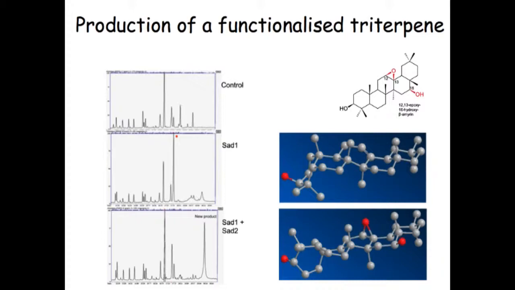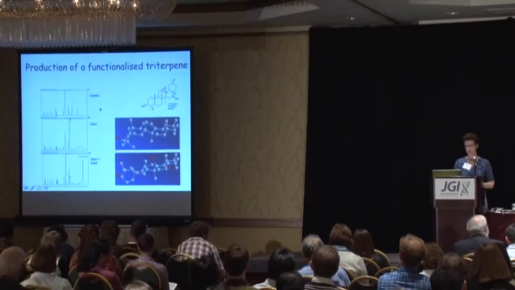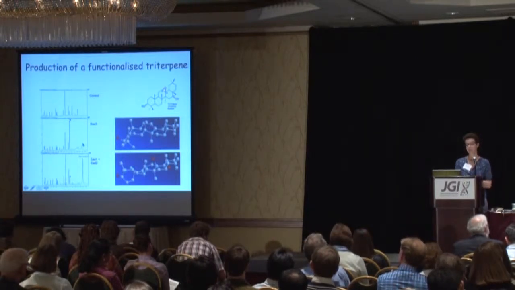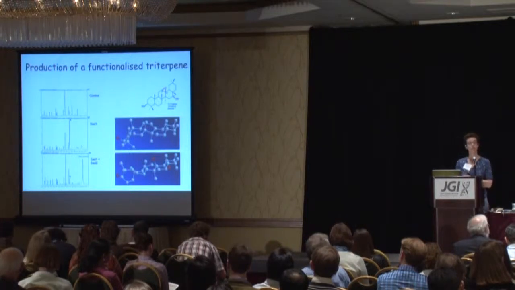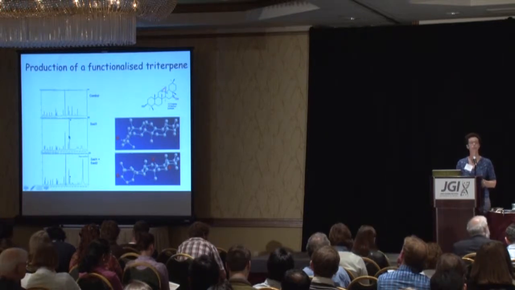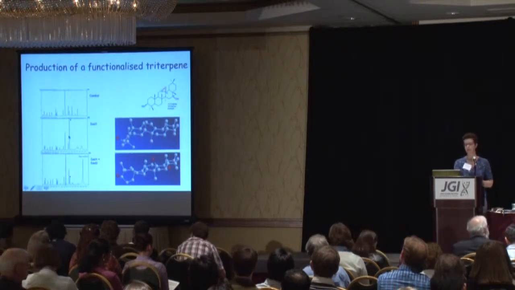So here, just to show you an experiment, this is a GC trace of an empty vector-infiltrated leaf. Here we have a trace from a leaf infiltrated with an enzyme that makes a scaffold for a triterpene, and there is a peak of triterpene here. We had a problem P450 that we knew was in this pathway.